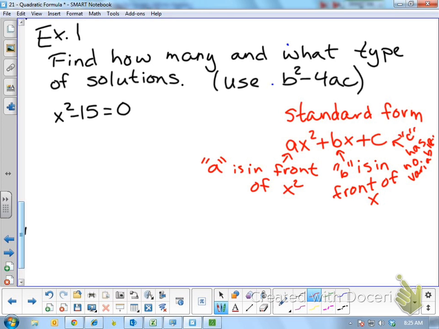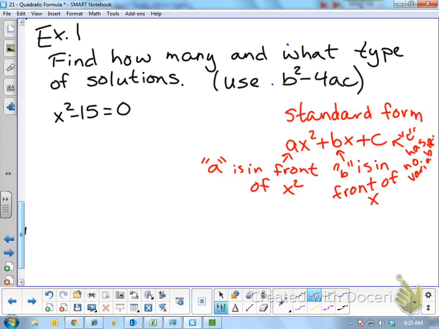It's still a quadratic because it has x squared. But what is it missing? The x is not there. The x that's not an x squared. Yes, there's an x squared, but just a plain old x. It's missing. So that's going to cause us some trouble when we try and find b.